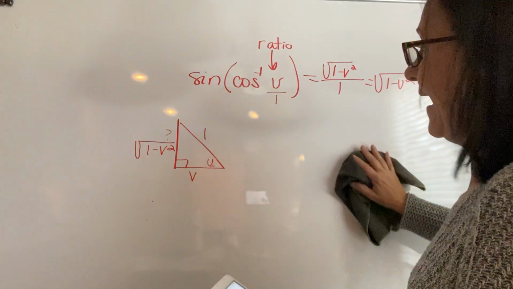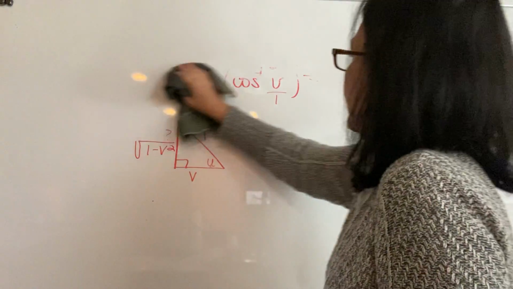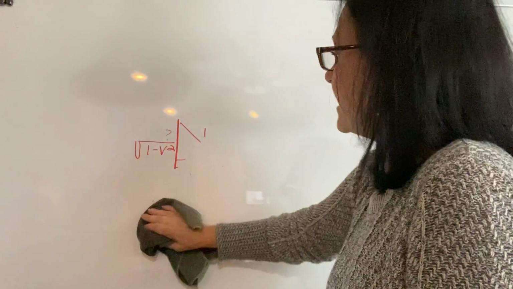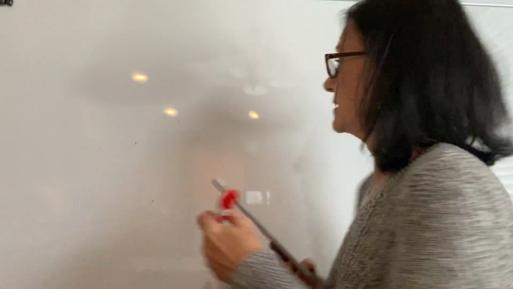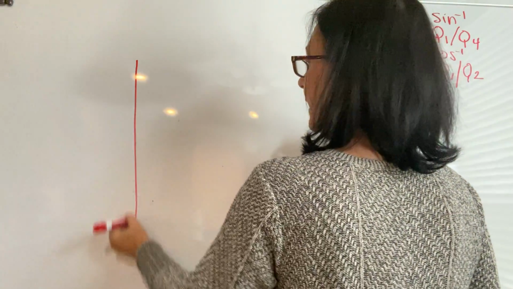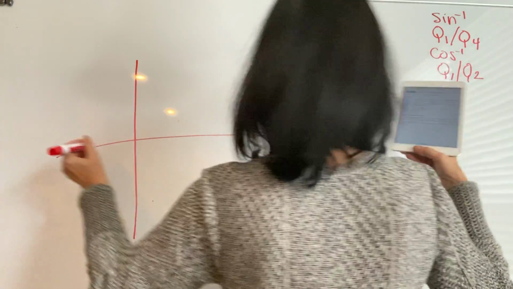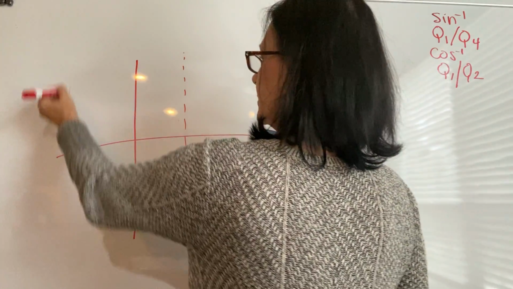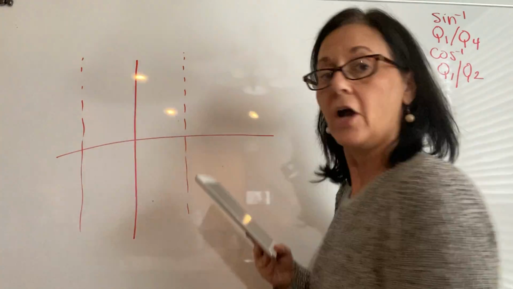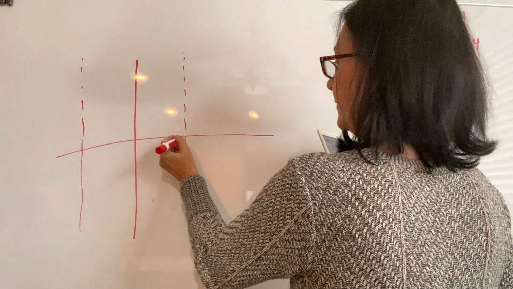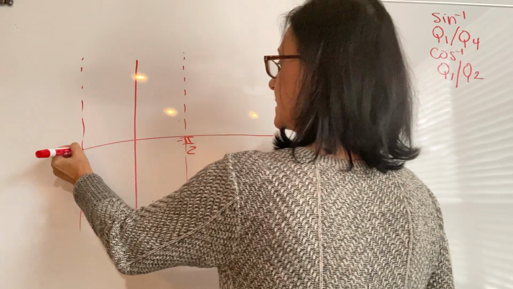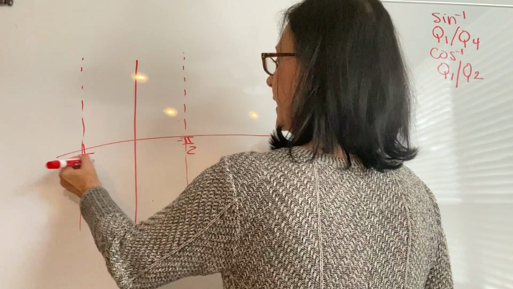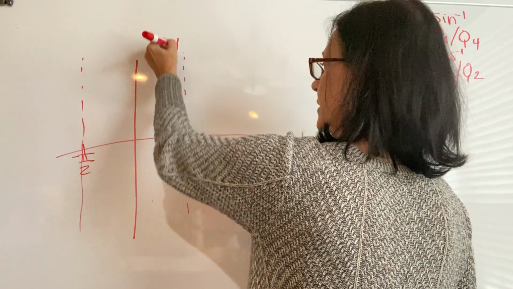Now we're going to look at the inverse tan. The inverse tan is much like the inverse sine in that it looks in quadrants 1 and 4. Because remember, the tangent has asymptotes at every odd half pi. So at pi over 2, it has an asymptote. At negative pi over 2, it has an asymptote.